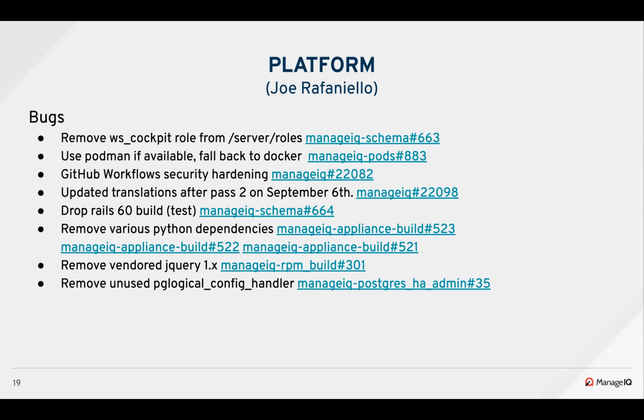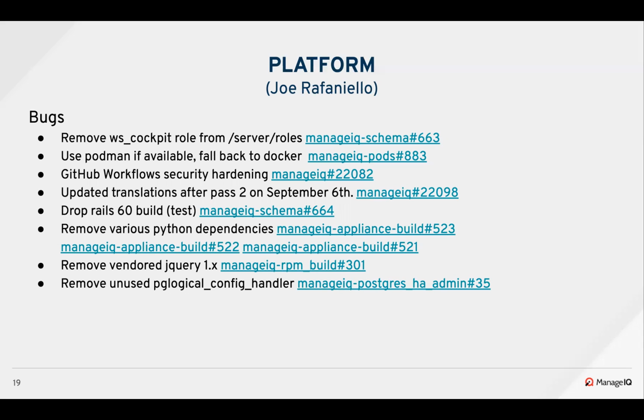Because as we start writing new migrations that are marked as Rails 6.1 migrations, the tests under Rails 6.0 can't actually run those migrations. Next, Jason removed various unnecessary Python dependencies in the appliance build. He also modified the gemset generator to remove the unused vendor jQuery 1.x since it's unused and was getting flagged for security issues.